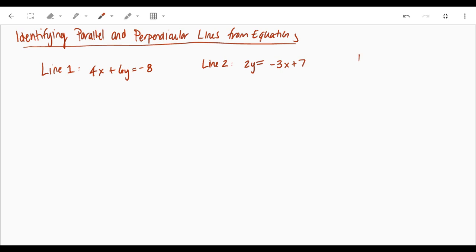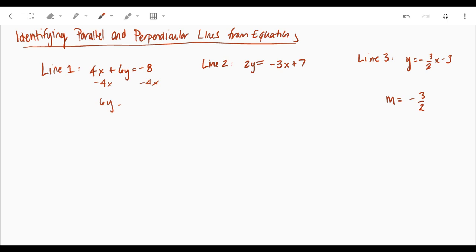And then we'll have line 3, which is y equals negative 3/2 x minus 3. That's what we want, right? Your slope there is negative 3/2. Okay, so for line 1, we're going to subtract the 4x from both sides.